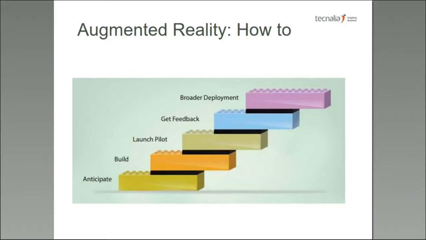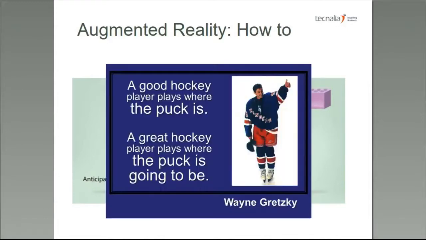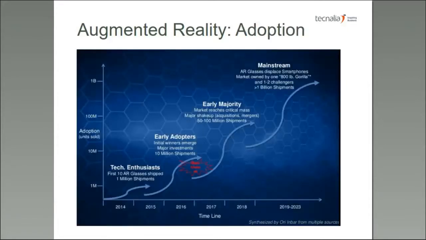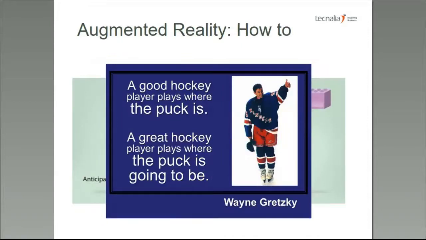Then, as usual, we build a small project, launch the pilot, get feedback from the users, and finally get a broader deployment. It's very important to anticipate, like when Gretzky said, a good hockey player plays where the puck is, but a great hockey player plays where the puck is going to be.